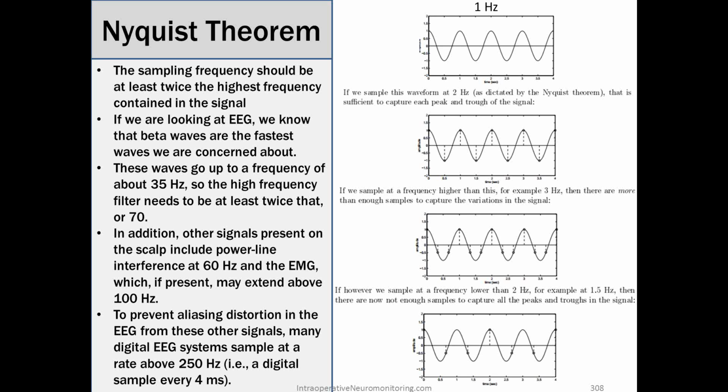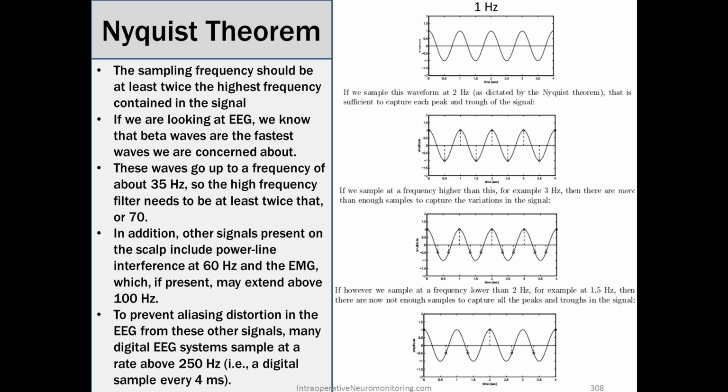To prevent aliasing distortion in the EEG from other signals, many digital EEG systems sample at a rate above 250 Hz, a digital sample for every 4 milliseconds. So if we sample this wave at 2 Hz, as dictated by the Nyquist theorem, this is sufficient to capture each peak through its signal at 1 Hz.